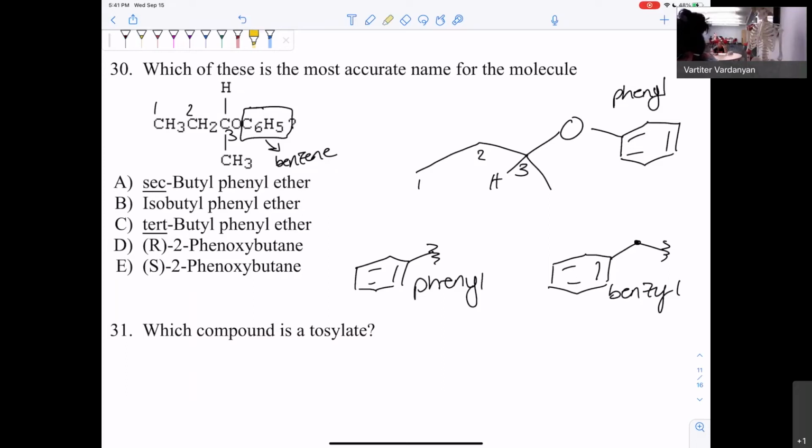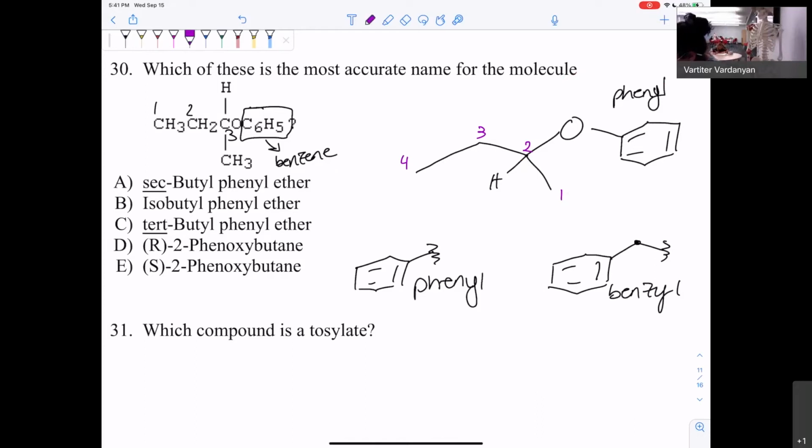Alrighty, so let's go. Yep. So the longest chain is going to be 1, 2, 3, 4 carbons, or we could number it 1, 2, 3, 4 carbons. What would you guys choose? Right. Purple, yes, because we want to have the substituent on the smallest number.